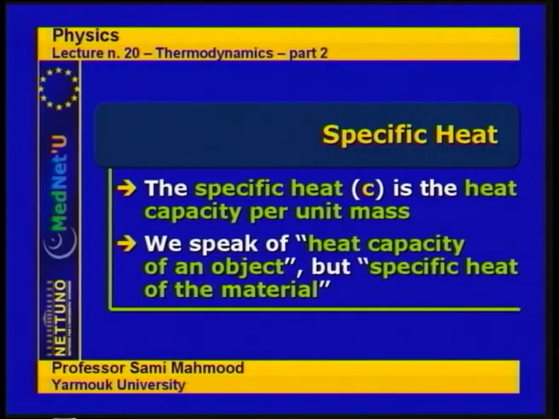Thus, when we speak of heat capacity, we speak of the heat capacity of a body, which involves how massive it is, how big it is, or how small. But when we talk about specific heat, we are involved with the concept of specific heat per unit mass, which is a property of the material itself.